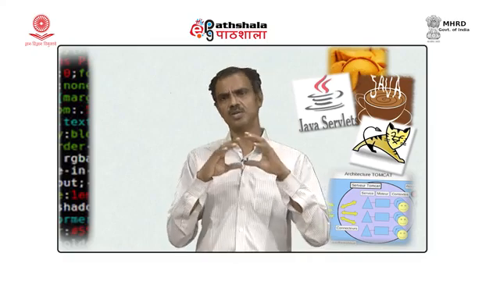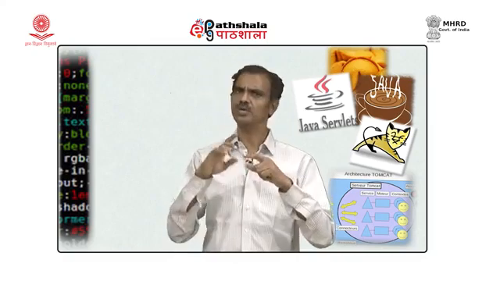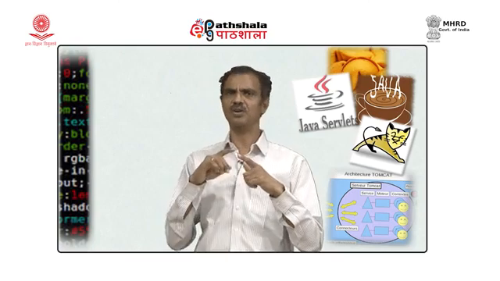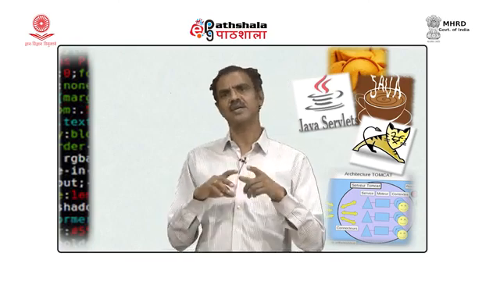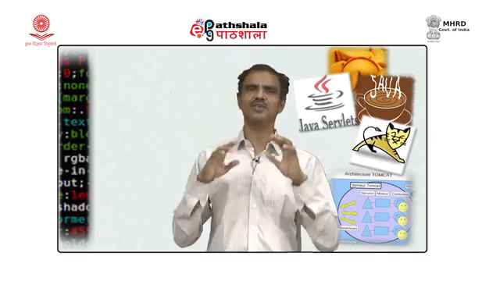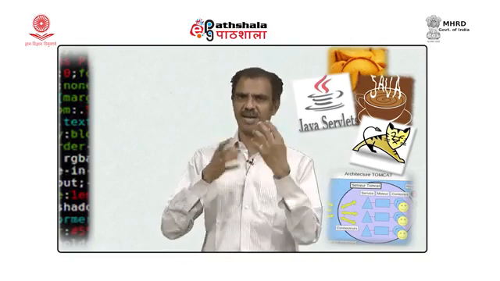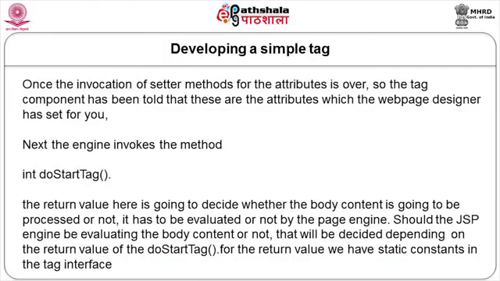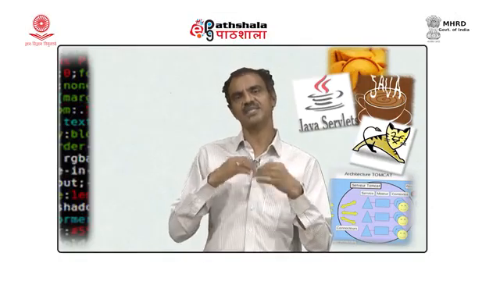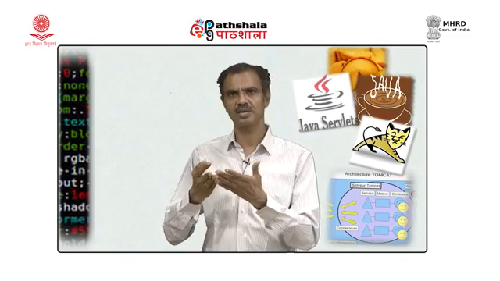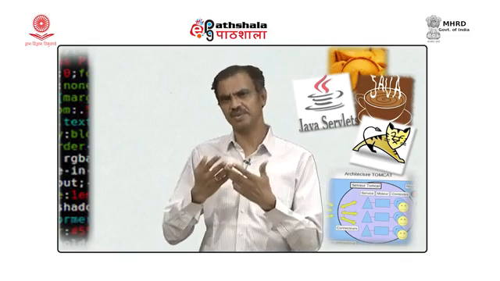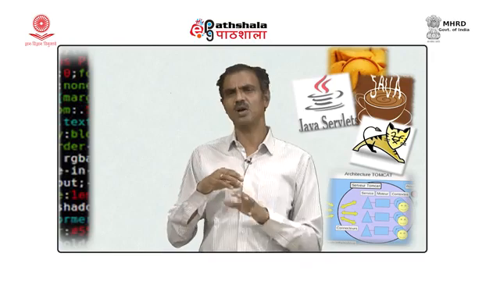So, from the life cycle point of view, first is the invocation of set page context, next set parent. Next is the invocation of the setter methods for the attributes. Once the setter methods are over, that means the tag component has been told these are the attributes which the web page designer has set for you. Next, the engine invokes the method called do start tag.